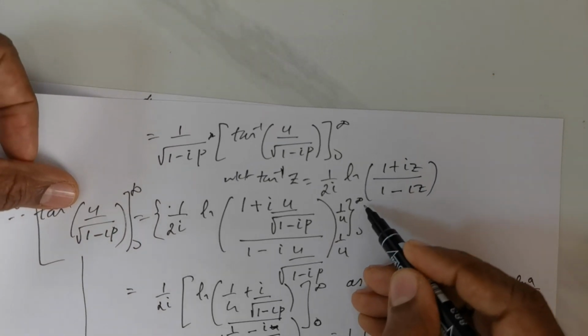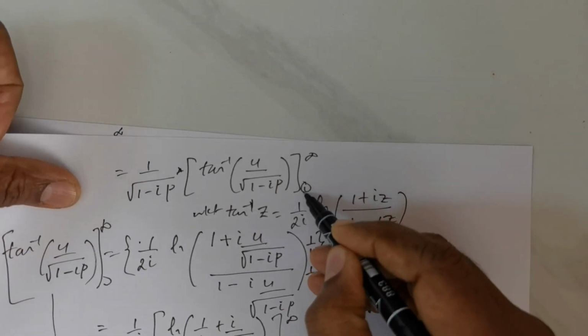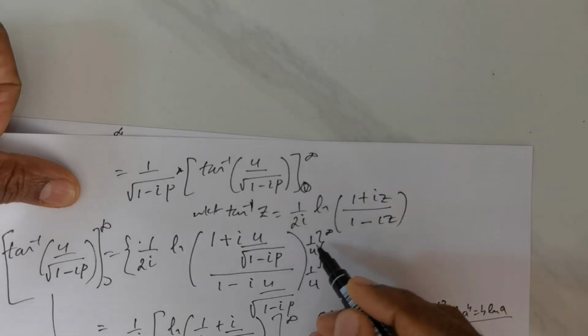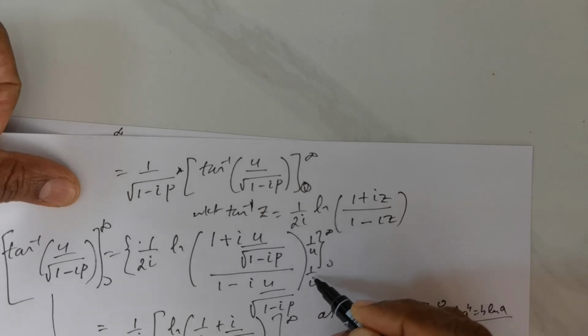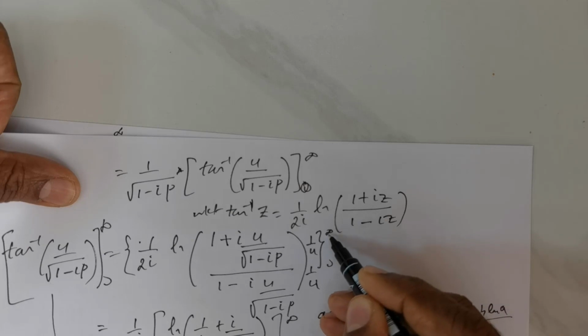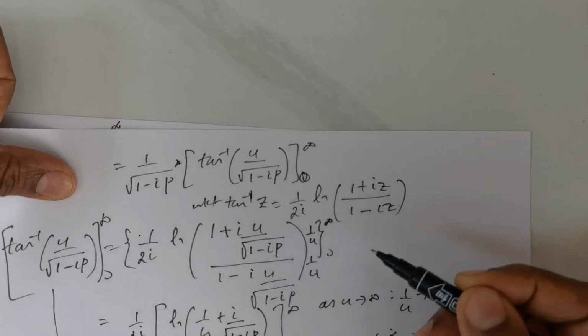Because I did the multiplication of 1 over u and divided by 1 over u for the purpose of handling the upper limit, but for the lower limit I don't have to do that.